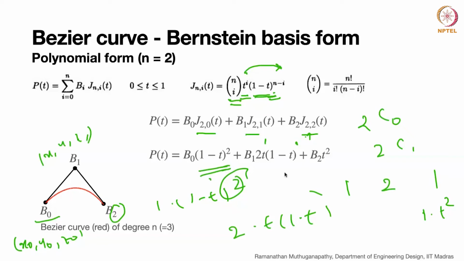That's a good point. But if you have three points B0, B1, and B2 collinear, where will the curve lie? The convex hull will not have any area, sir. What will be the convex hull in terms of actual B0, B1?